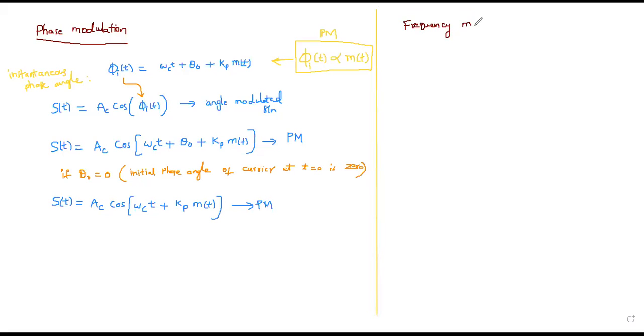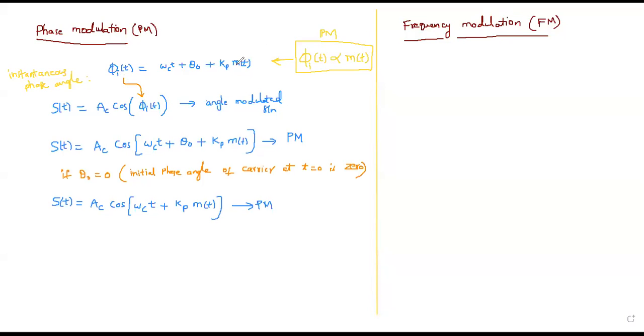In phase modulation, the phase of the carrier signal is varied in accordance with the message signal.